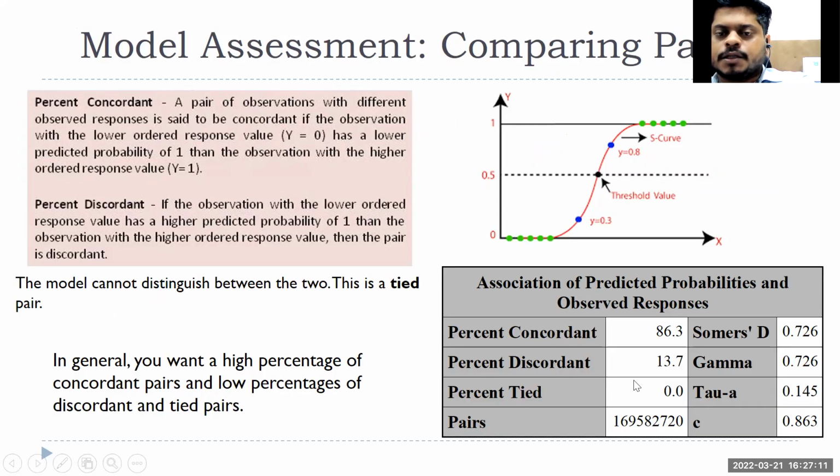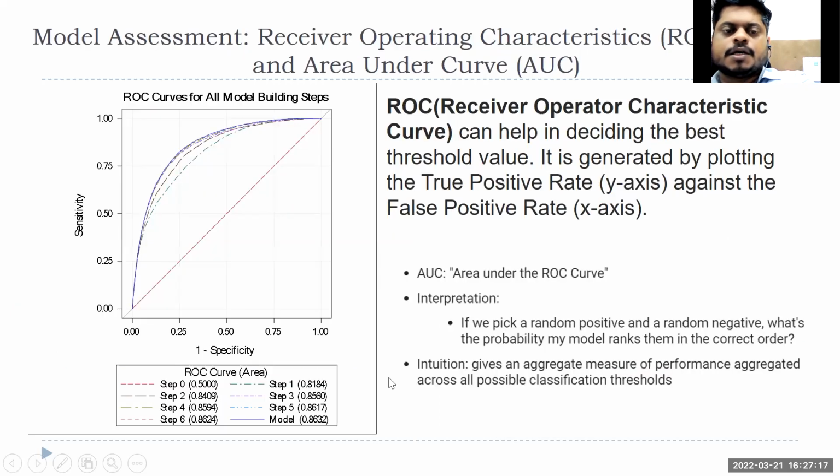If I go back, this 86.32 was the percentage of concordant pairs. If you go back and look at this statistics, 86.3 is nothing but my final model, after all the iterations I'm able to fix, that itself is 0.8632. That is the area under this curve. That shows the percentage of concordant pairs.